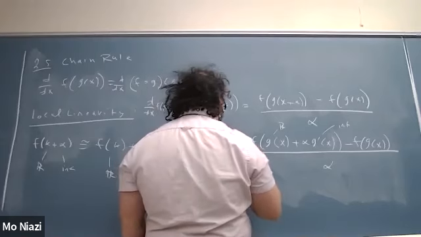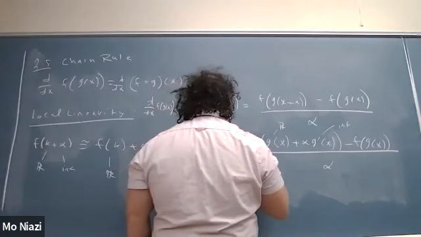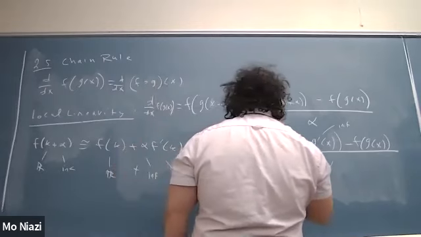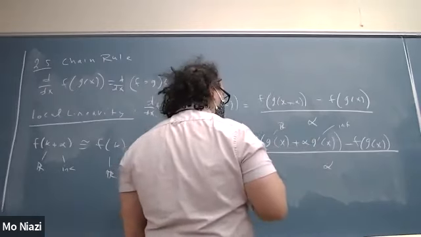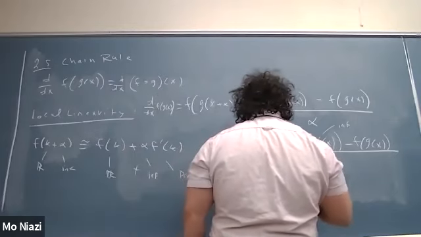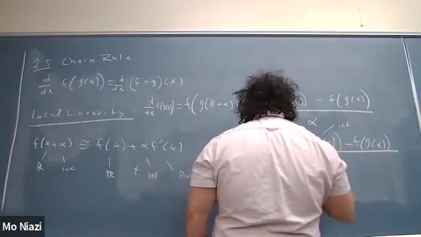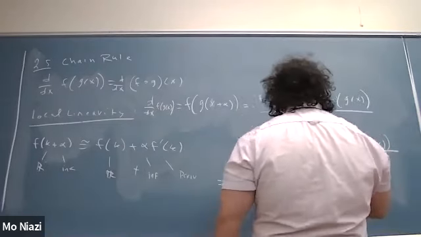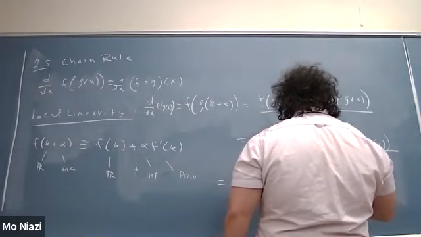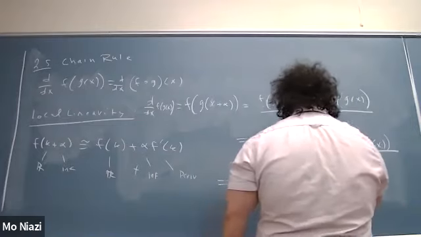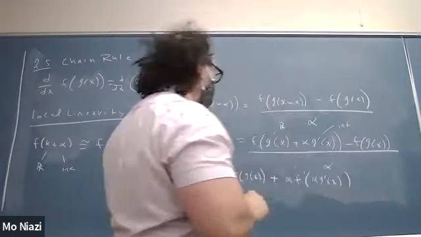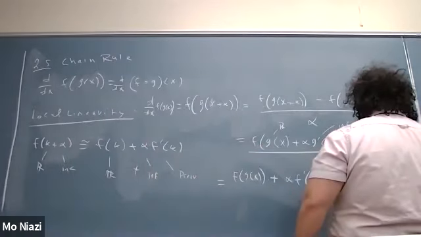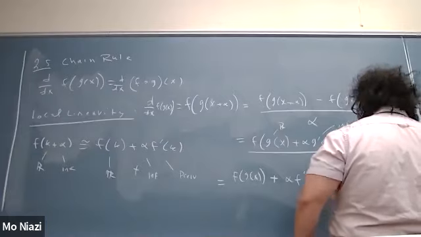This gives us f of g of x, plus alpha g prime of x times f prime of g of x, minus f of g of x.